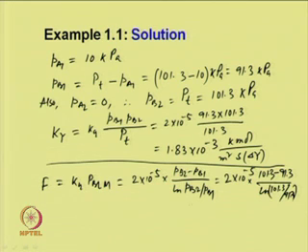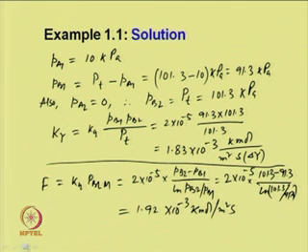So this will give the value of 1.92 into 10 to the power minus 3 kmol per meter square second.